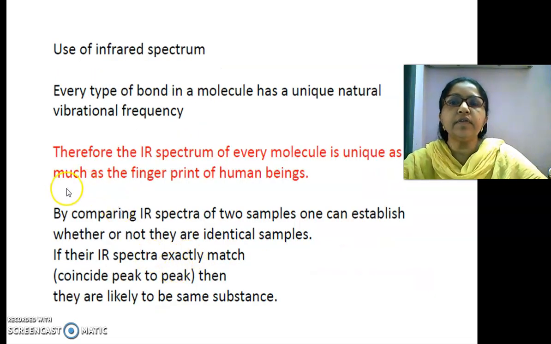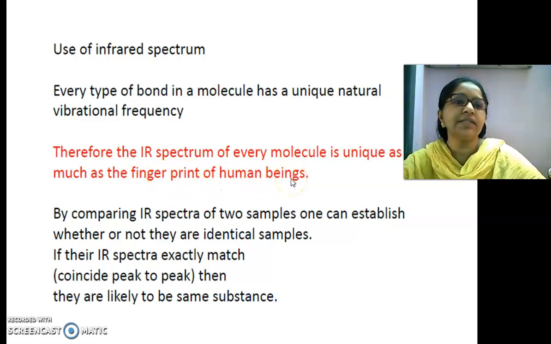What is the use of infrared spectrum? Every type of bond in a molecule has a unique natural vibrational frequency. We will see it very elaborately. Therefore, the IR spectrum, in simple words the IR graph, of every molecule is unique, just like the fingerprint of human beings.